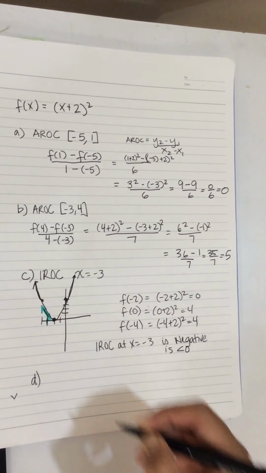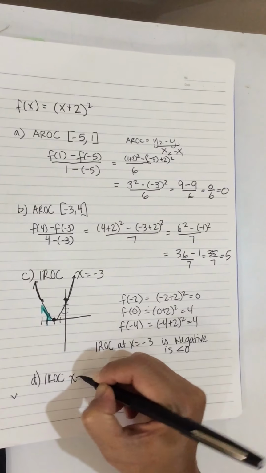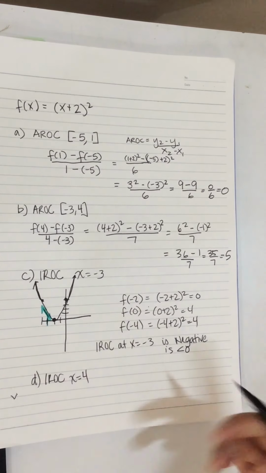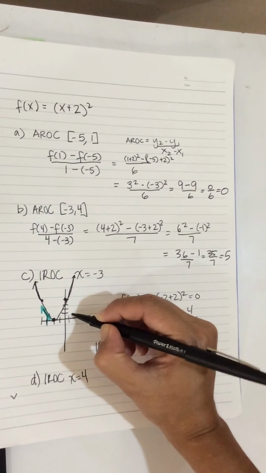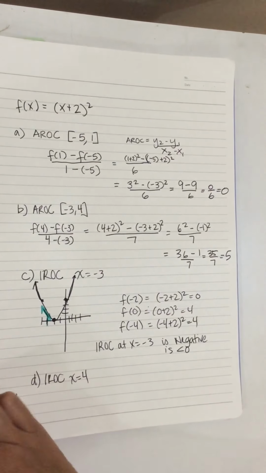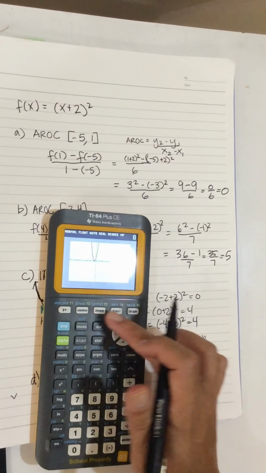Okay, D is the same thing except it's the instant rate of change when x equals 4. So where is x equals 4? It's going to be 1, 2, 3, 4. It's going to be somewhere out here, right? If I zoom in on this, show you the calculator. This is not a good zoom.